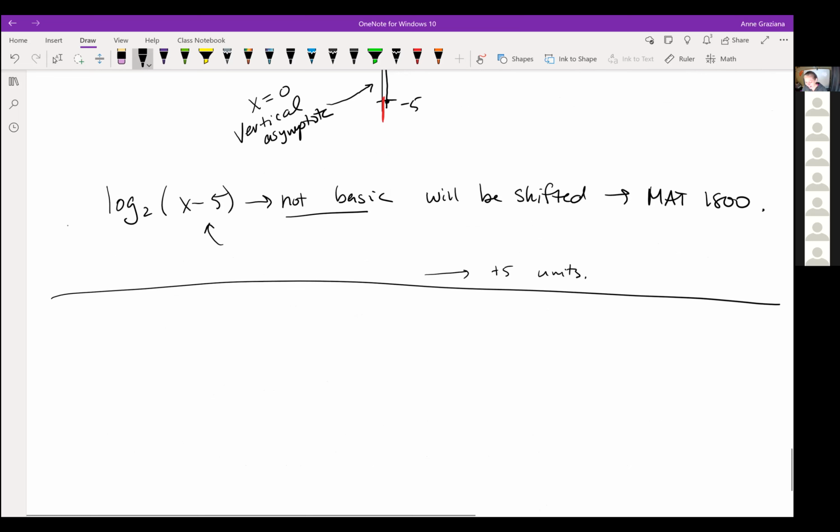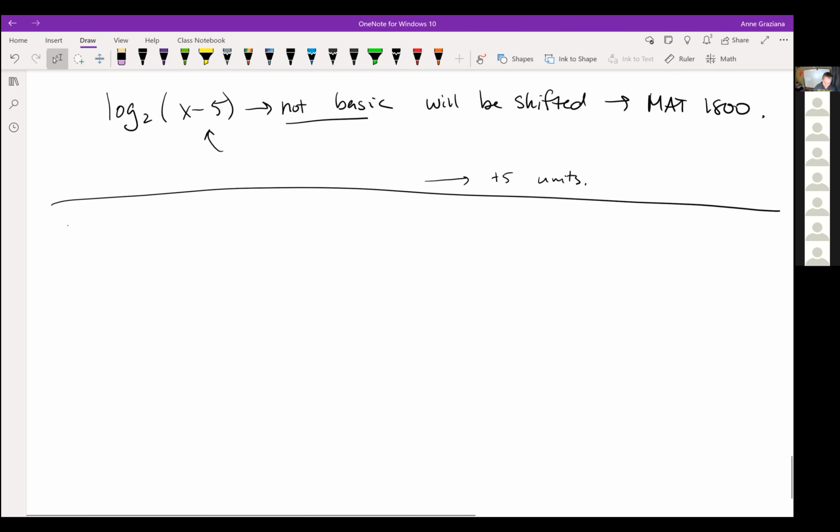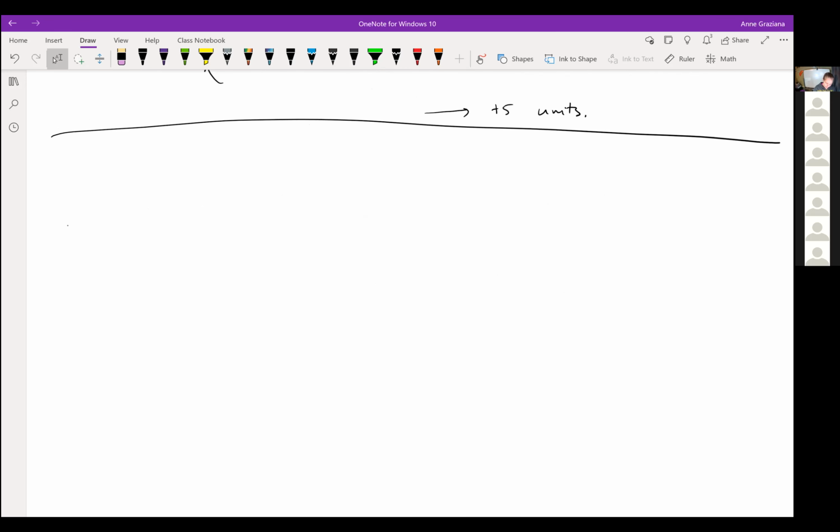All right. Let's talk about that domain some more. It's all about that domain, because there's lots of stuff to look at here. So find the domain of the following functions.